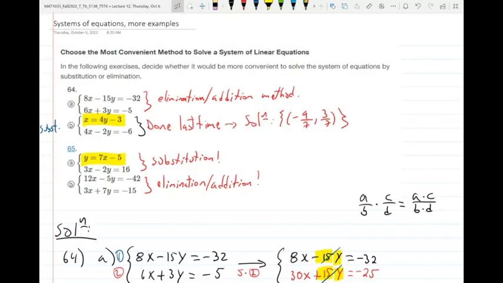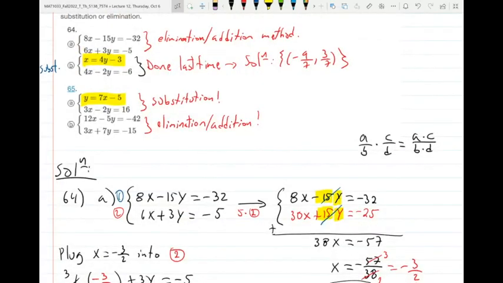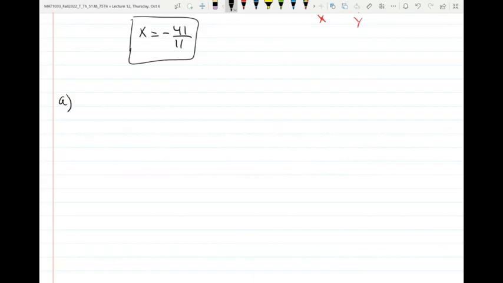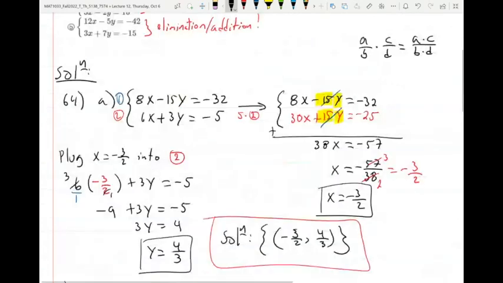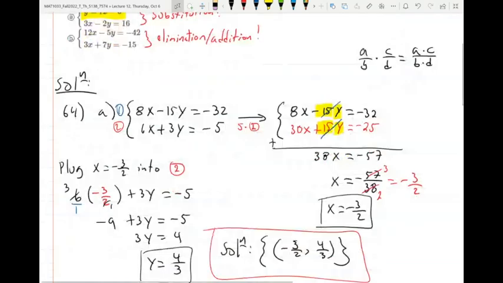But anyways, let's practice substitution. So that was y equals 7x minus 5. And the other one is 3x minus 2y equals 16.